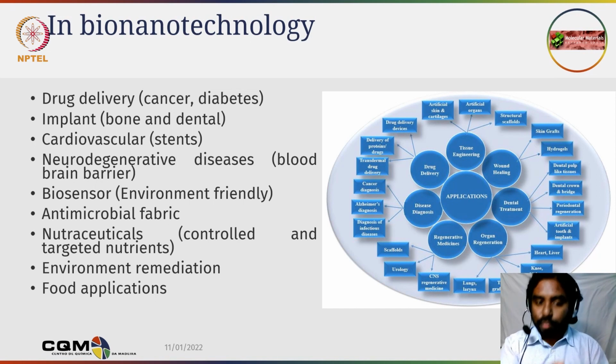For environment remediation, such as wastewater treatment and soil remediation, people can use bionanomaterials because of their high biodegradability. And finally, food applications. For food packaging, because it can degrade faster, instead of using plastic bags or plastic wrappers, people are now developing bionanomaterials which degrade faster.